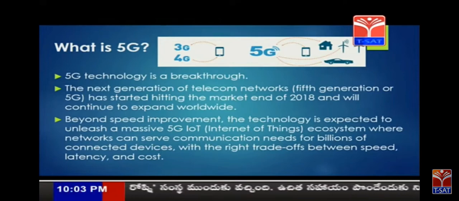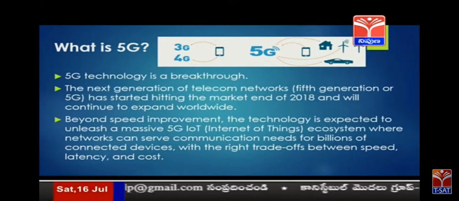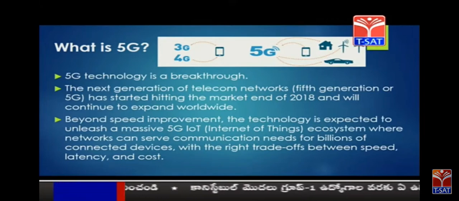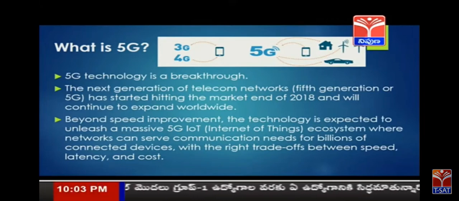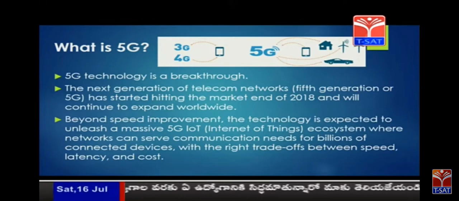That's an advantage. 5G technology is a breakthrough. The next generation of telecom networks, that is fifth generation or 5G, started hitting the market at the end of 2018 and will continue to expand worldwide. So in late 2018, around November and December, it entered the market.